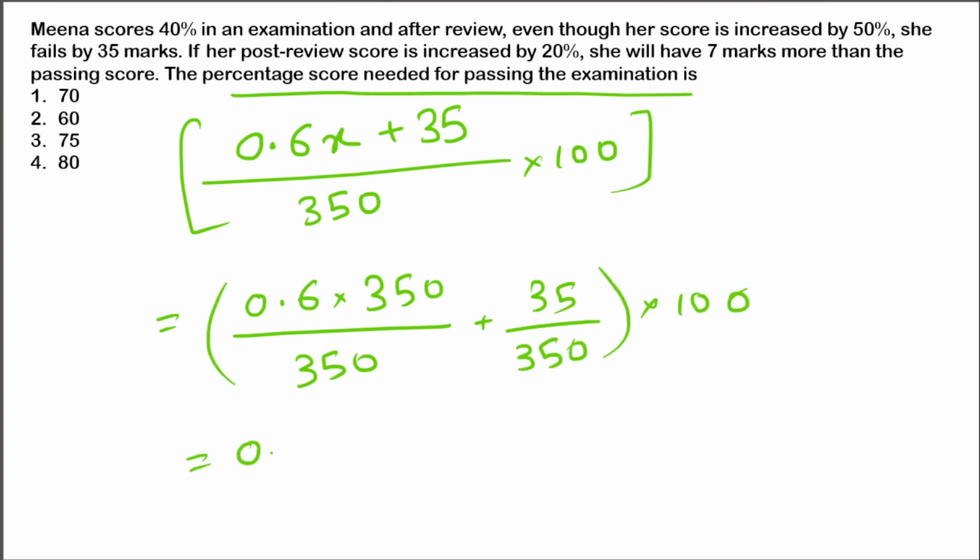So this will be 0.6 plus 0.1, into 100. That means 70%. So option 1 is the right answer for us.